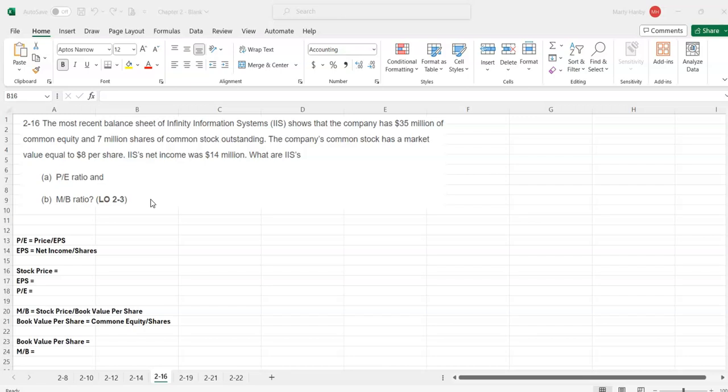The market to book is the stock price divided by the book value per share. The market to book is an important measure. It gives you an idea of the value created by the firm or by management.